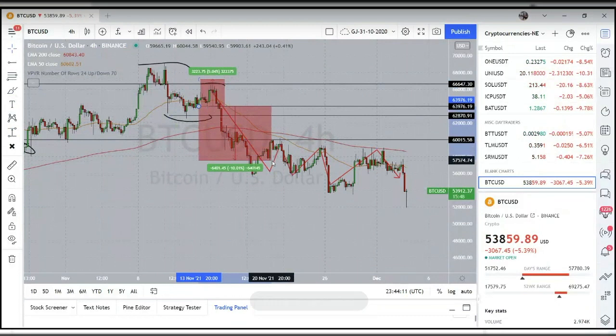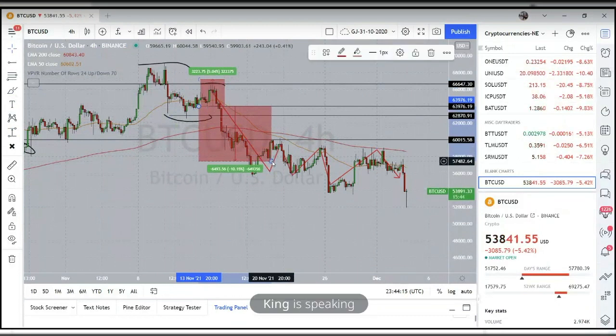Risk to reward success rate calculator. Is it this website? Okay, so risk 1, reward 2.